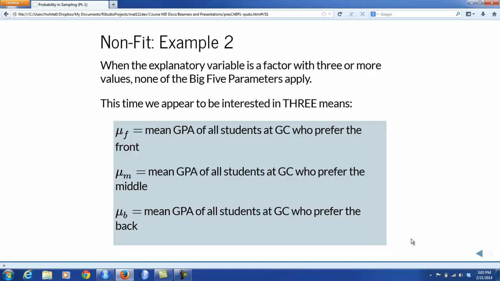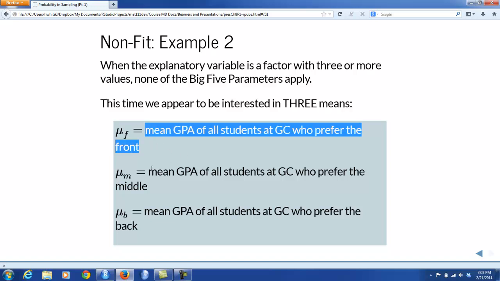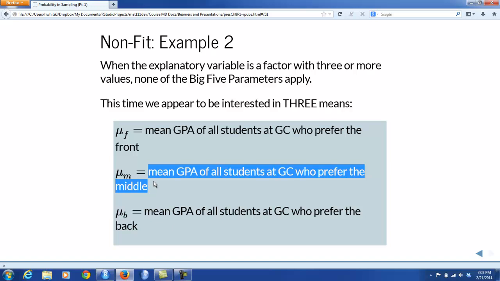So I'm not going to be able to be in a mu1 minus mu2 situation. You might think of us being interested in means, since there are means present in the problem, but there's 3 means. There's the mu sub f, the mean GPA of all students who prefer the front. There's a mu sub m, the mean GPA of all students at Georgetown College who prefer the middle.